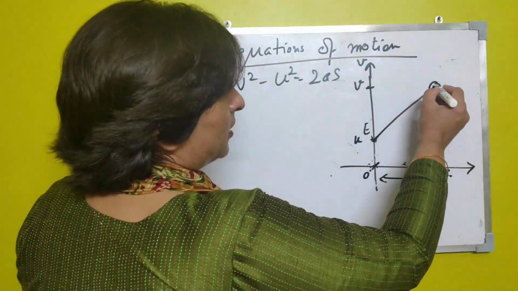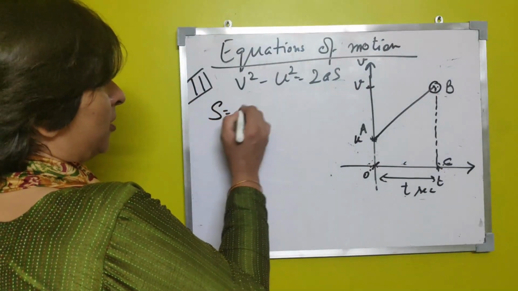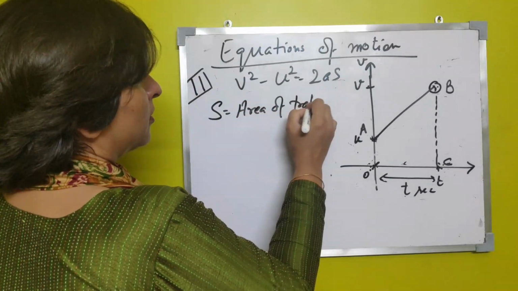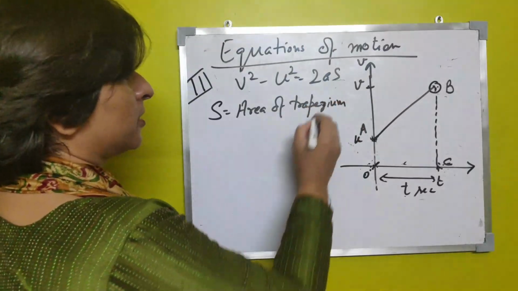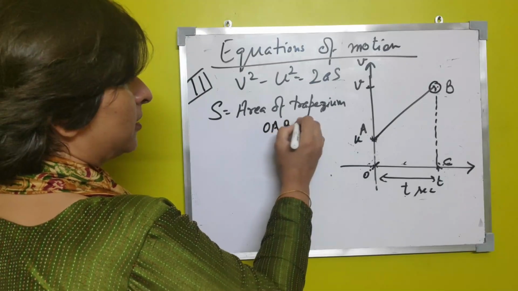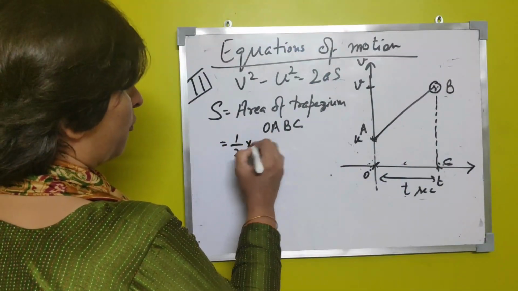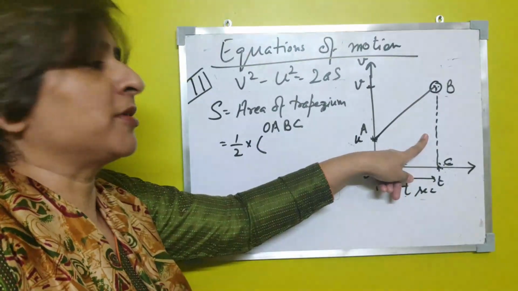This time we can say the area under this line is the area of trapezium OABC.